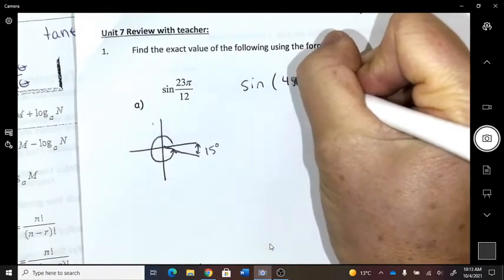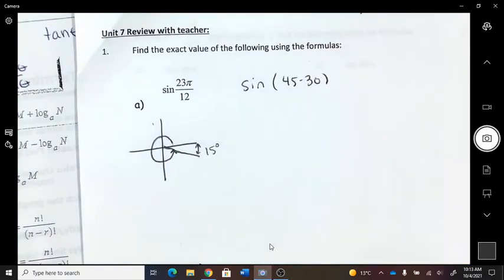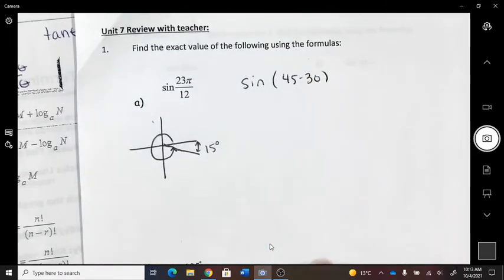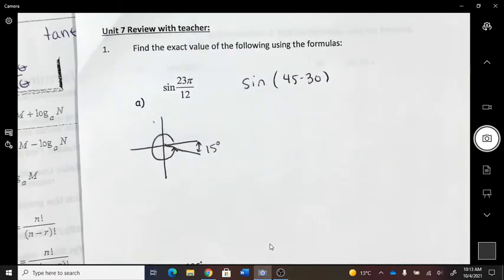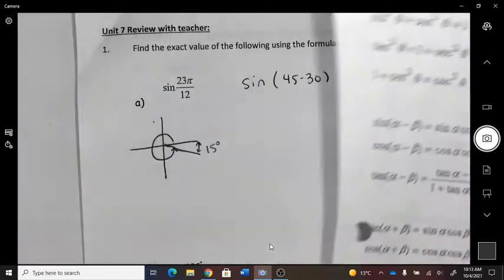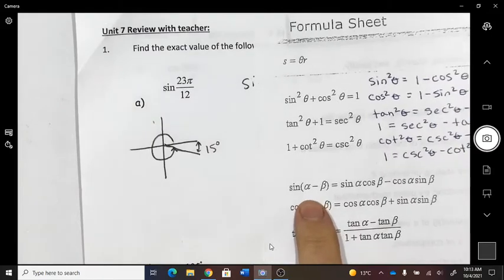Okay, so I'm now going to do that formula. Because I'm a 15-degree angle, so we're either adding or subtracting these, right? Okay, do you find a formula on your formula sheet? So it's this one.